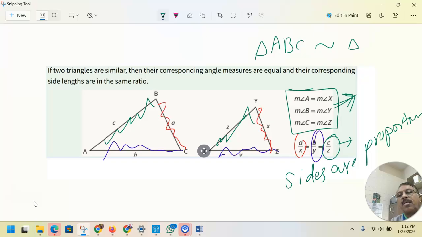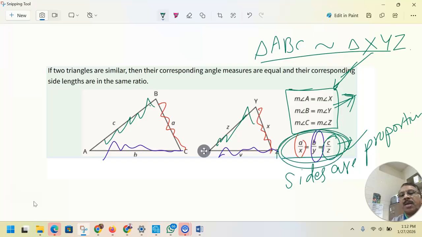Then we say two triangles are similar if corresponding angles are equal, which I already showed you, and sides are proportional. So we'll use this.